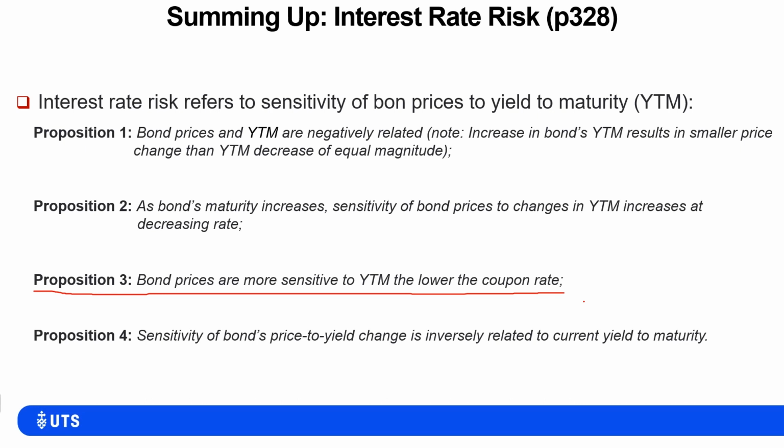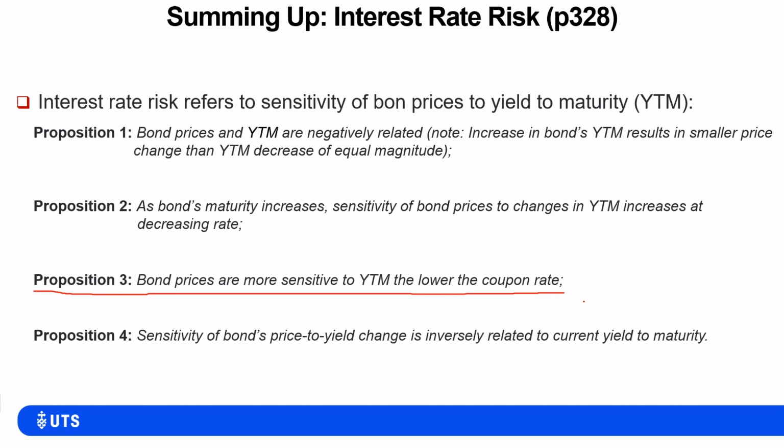So that being said, a lower coupon rate means that there are lower weights assigned to the discounted coupon terms, and correspondingly, there will be a higher weight assigned to the discounted principal payment term.